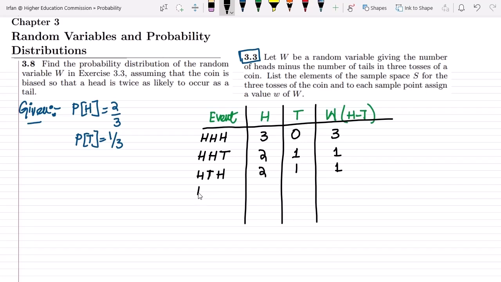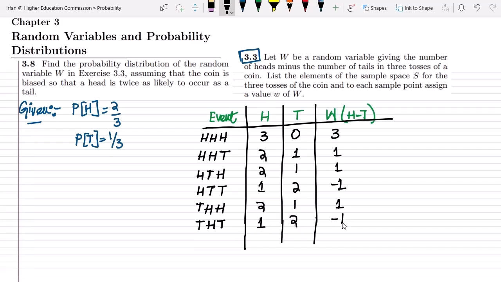Heads, tail, tail, now I have 1 head, 2 tails, so 1 minus 2 is minus 1, which is w.